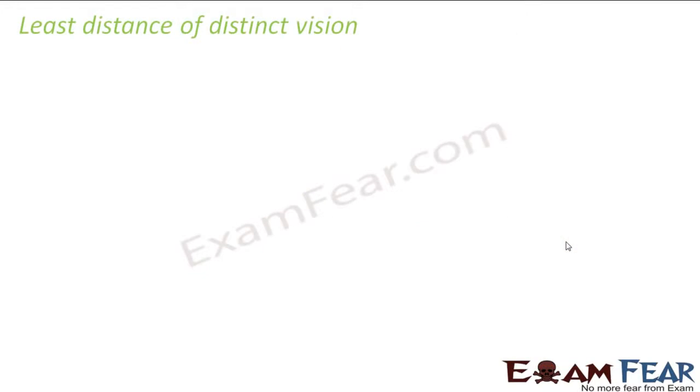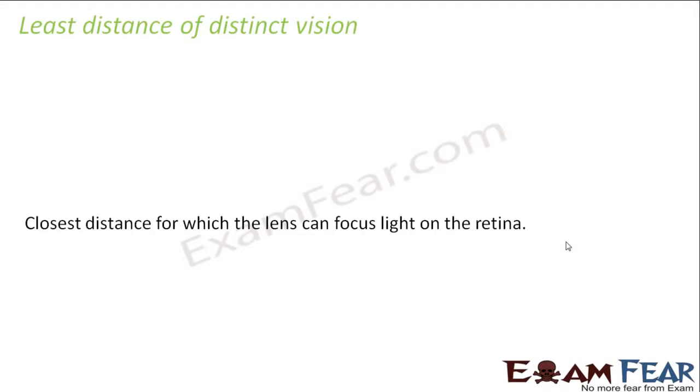Okay. So now let us talk about something called least distance of distinct vision. So what is this least distance of distinct vision? It is the closest distance for which the lens can focus light on the retina. That means the closest distance for which the lens can make sure that the image will be formed on the retina.